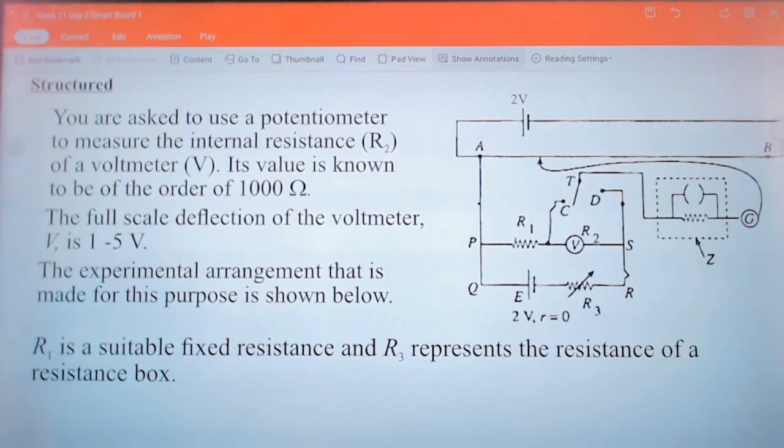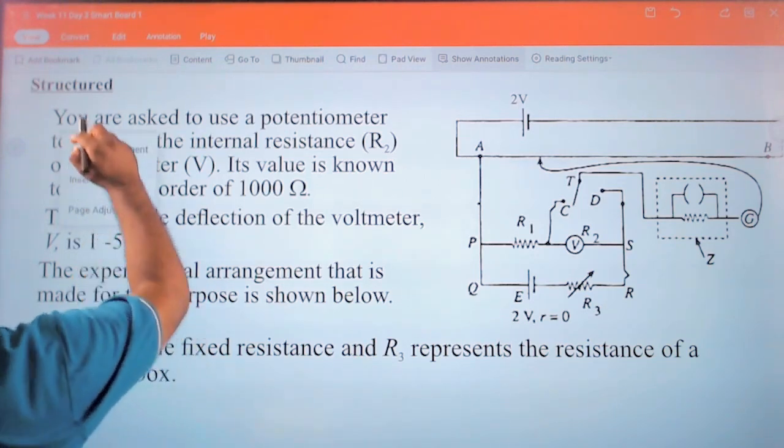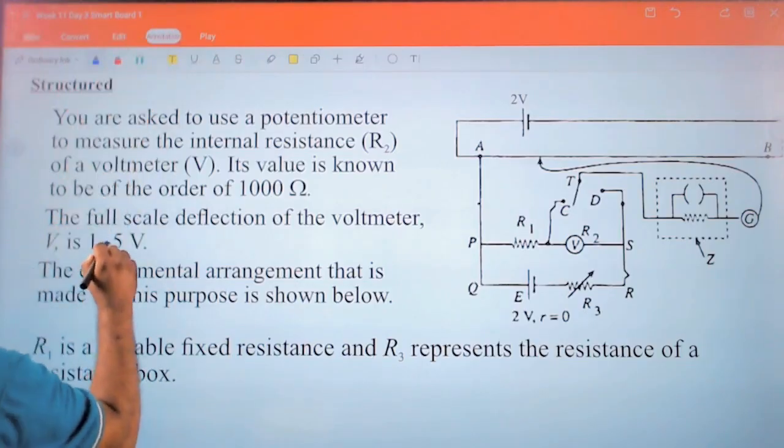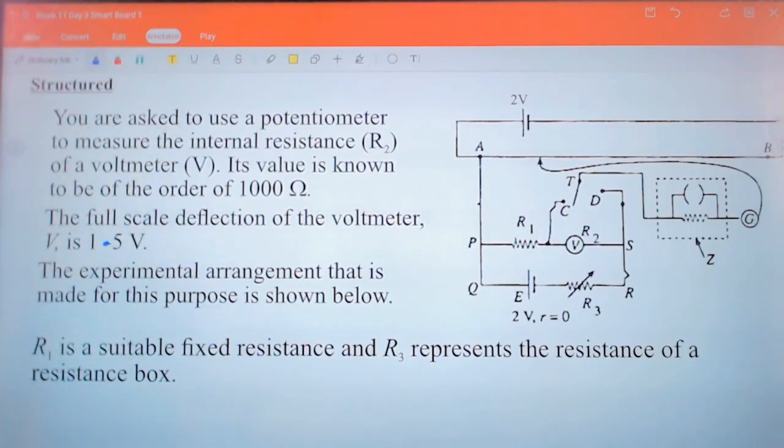Its value is known to be in the order of 1000 ohms. The full-scale deflection of the voltmeter is 1.5 volts. The experimental arrangement is shown below.